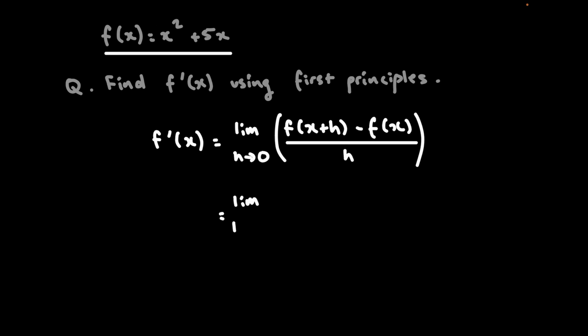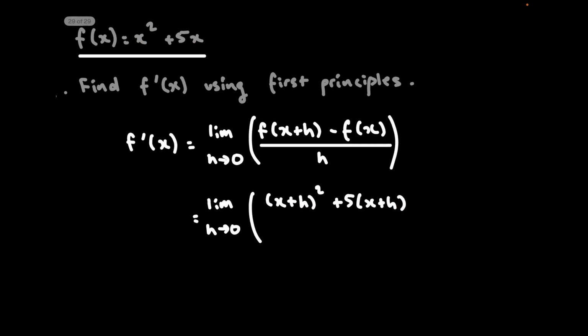So I'm going to take the limit as h approaches 0, and f of x plus h is x plus h whole squared plus 5 times x plus h, just replacing the x with x plus h. Now we can minus away f of x, minus away x squared and minus away 5x, all over h.